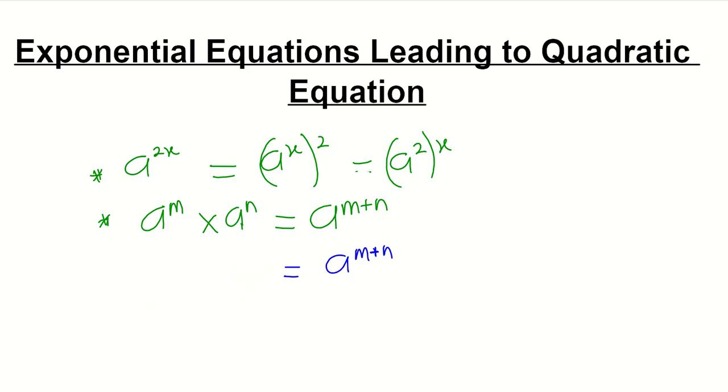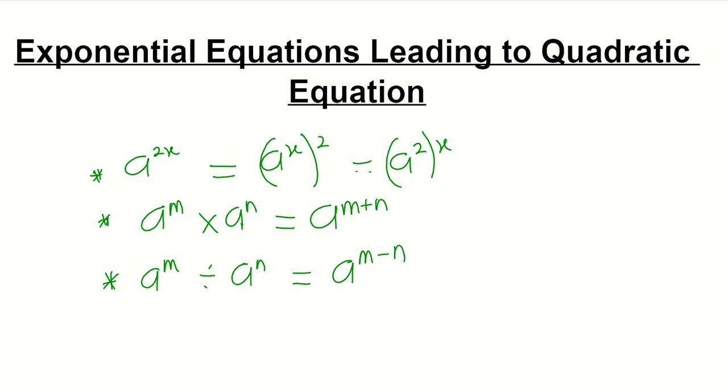Remember also from the laws of indices, we said that if we have a exponent m divided by a exponent n, provided the bases are the same and they are dividing, we write them as a exponent m minus n.